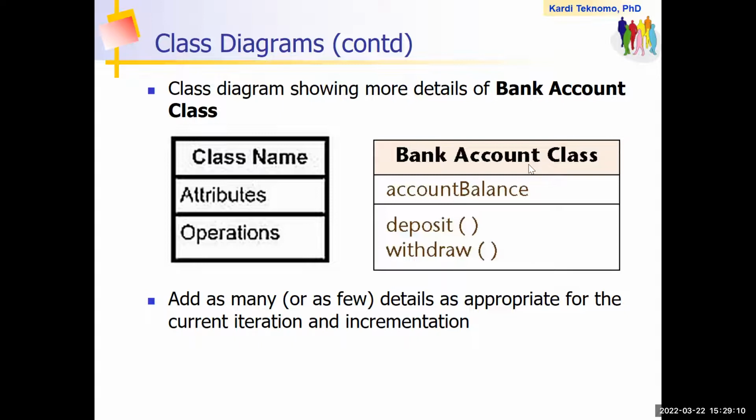For example, the bank account class consists of account balance. What are the operations, the methods? Deposit and withdraw. So this is how you will design your program. You start with the class diagram. What class do you want to create first? Inside that class, what are the attributes? What are the operations? This is called the interface.